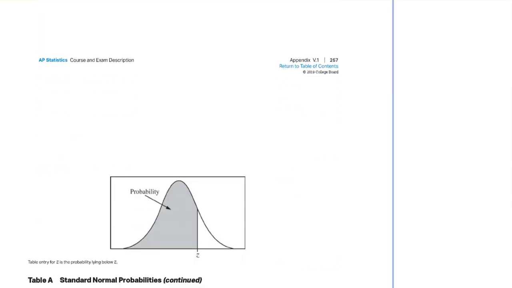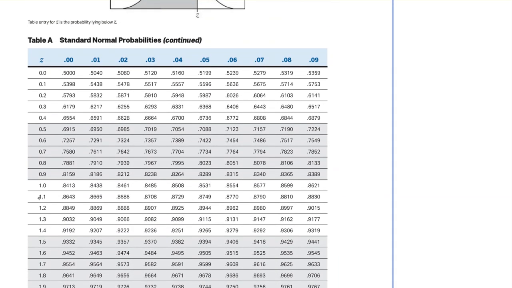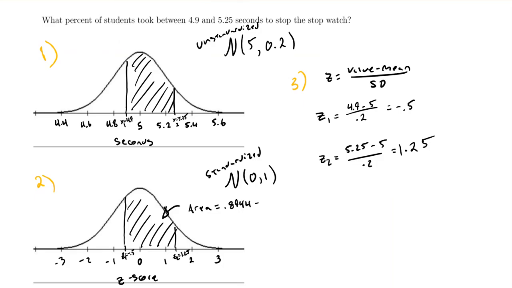For the area to the left of the z-score at 1.25, we're going to go to our 1.2 row and the 0.05 column, and we find that our area is going to be 0.8944. So in our picture, the area to the left of our z-score of 1.25 is 0.8944.